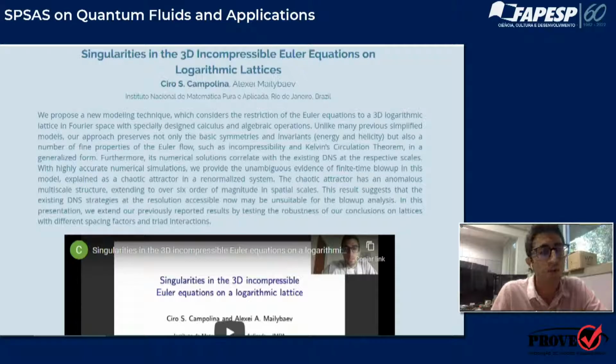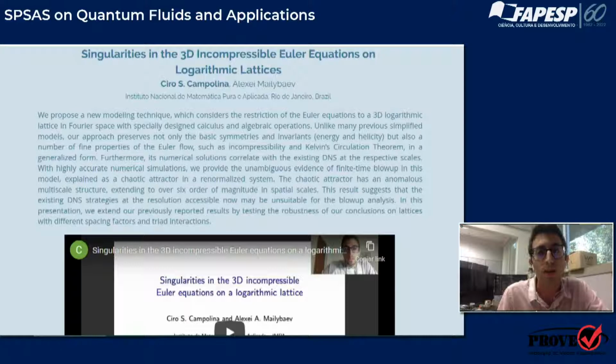With this, we can perform very fine simulations with only a few nodes, so we can reach very fine scales. And by using this technique, we show numerically clear evidence of blow up in this system, a finite time singularity, which is characterized as a chaotic blow up in a renormalized system.